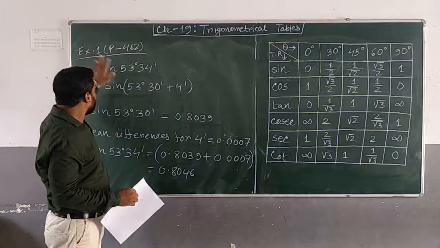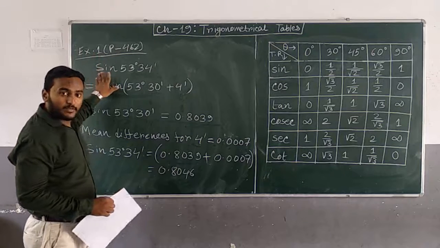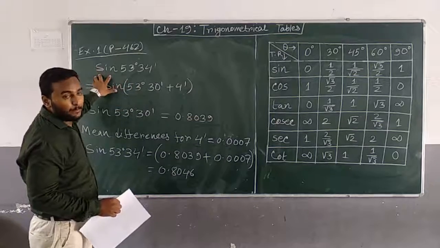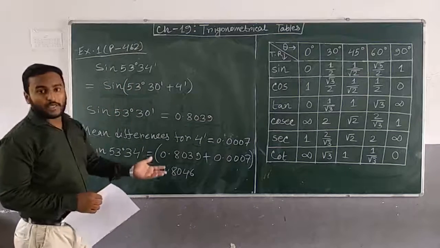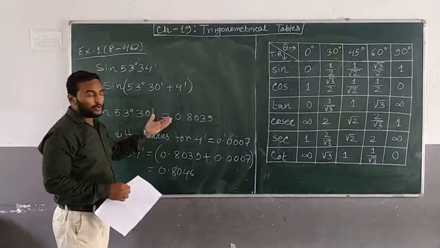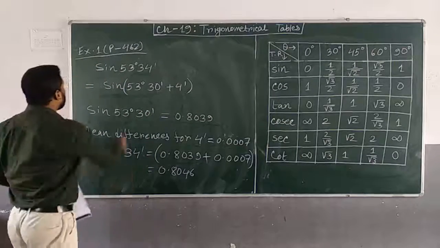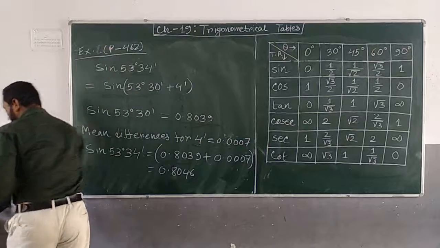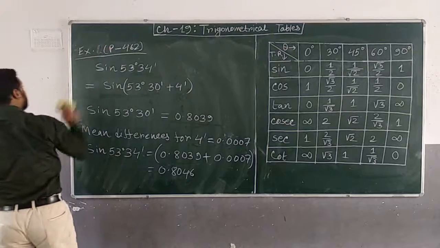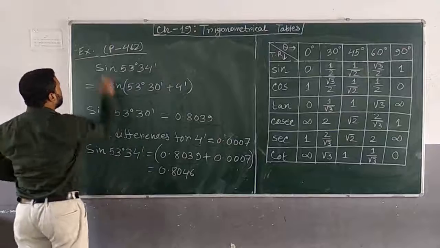Okay. That was for sine theta, but for cos theta, how will you calculate the value? So for this, take example number 2, the next example on the same page.